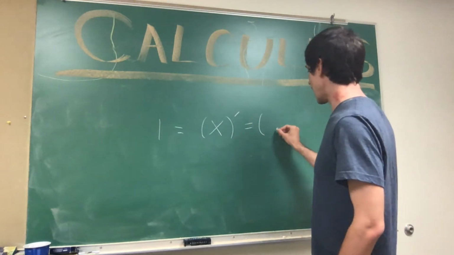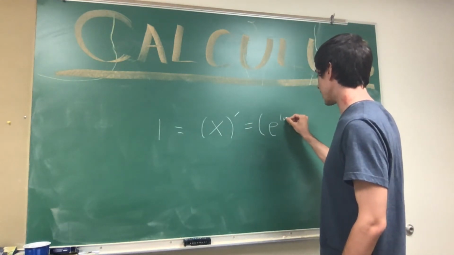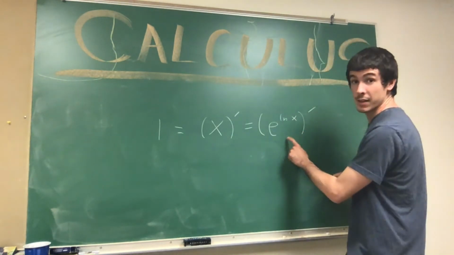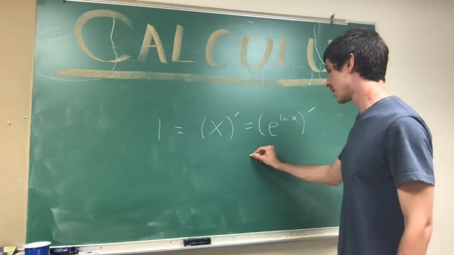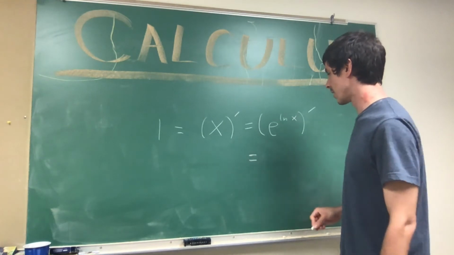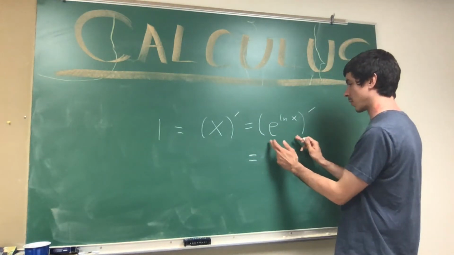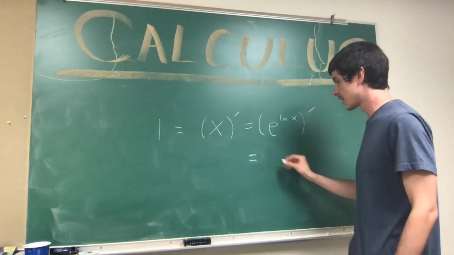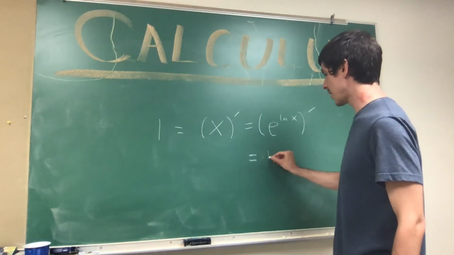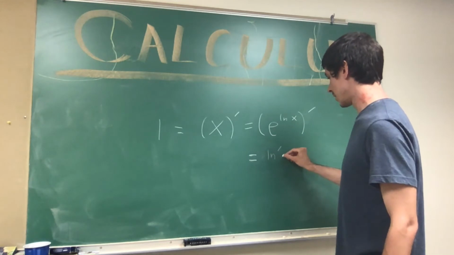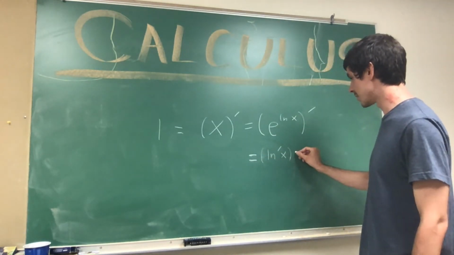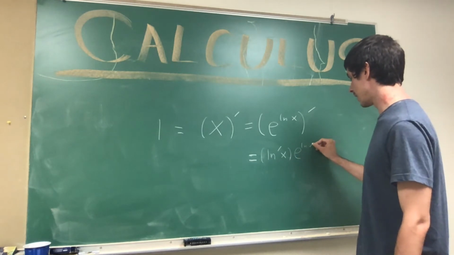Then we can rewrite x as e to the natural log of x. So the derivative of e to the natural log x, using the aforestated result for what happens when we apply the chain rule to e to the g of x, is we get g prime of x, in this case ln prime of x, multiplied times e to the ln x.